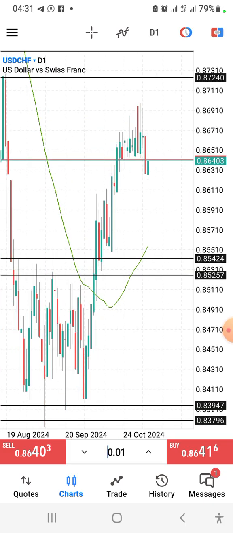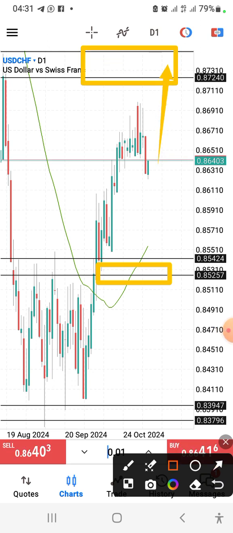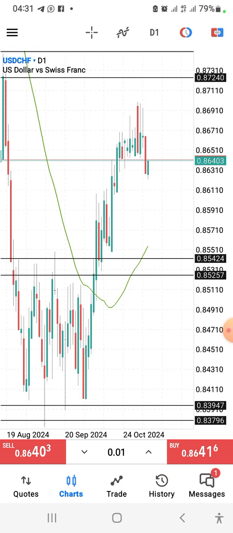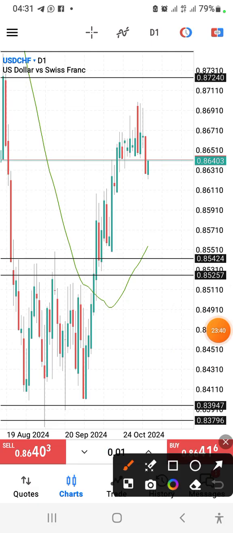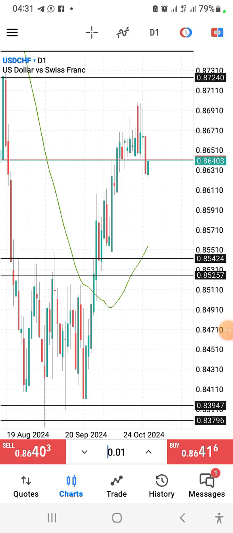Now the daily is telling us we have to do what? We have to buy at this level. Then if it retraces up, we are looking to sell at this level. You've seen the reason. The moving average is pointing upward while the candlestick, the price action, is above it. So that is for Switzerland francs.